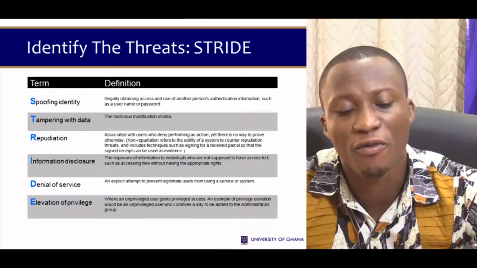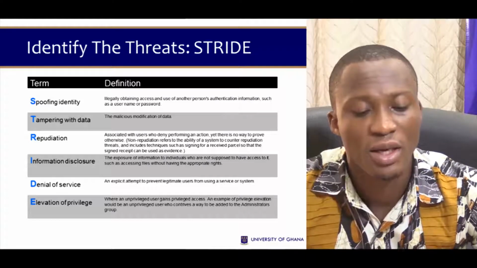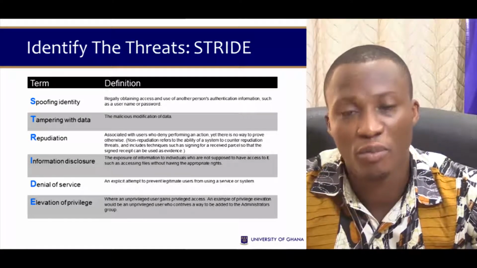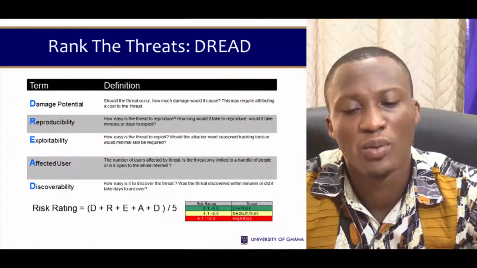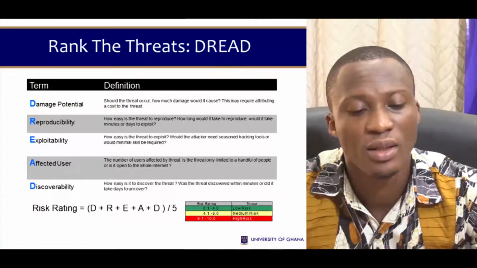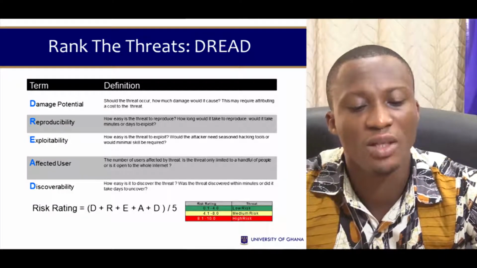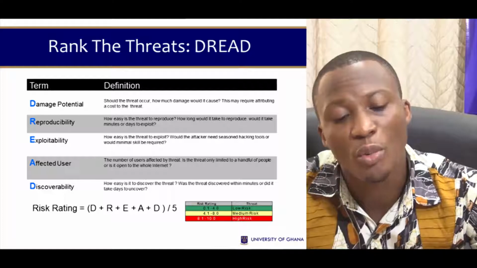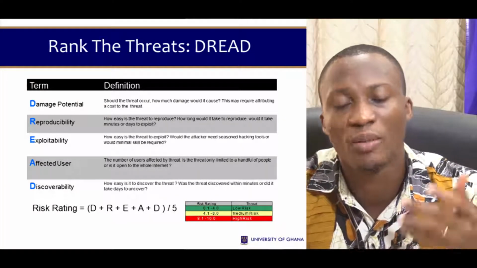We have the I for information disclosure, D for the denial of service, E for the elevation of privilege. Then, as we looked at earlier on, ranking the threat, we will use the DREAD, and we've already spoken about the definitions: reproducibility, exploitability, affected users, discoverability.